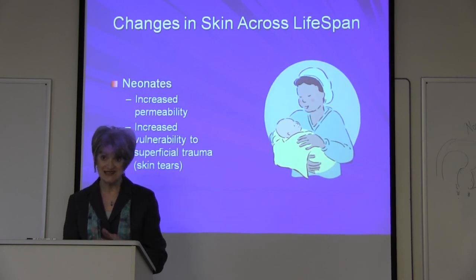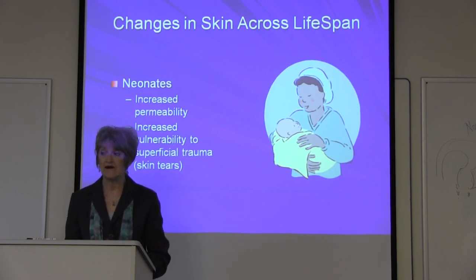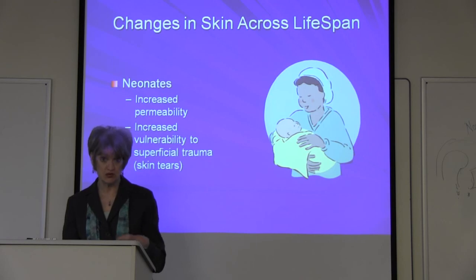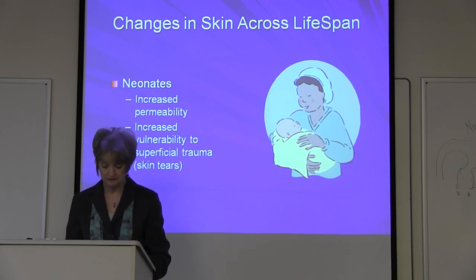They're actually missing skin layers. They have very high transepidermal water loss values. They have a very difficult time maintaining temperature. And they're even more vulnerable both to absorption of anything you place on their skin and to skin stripping.